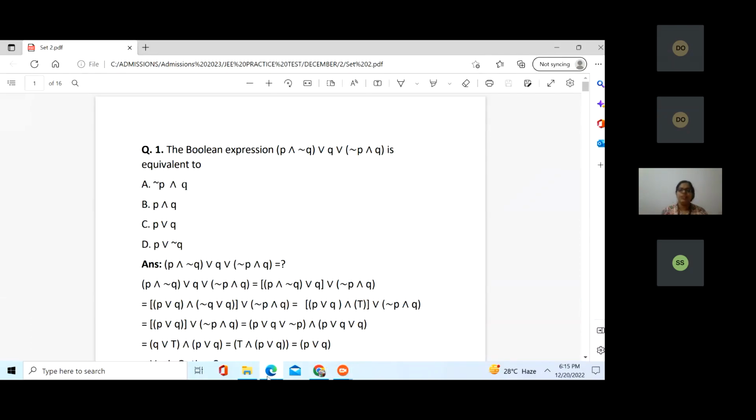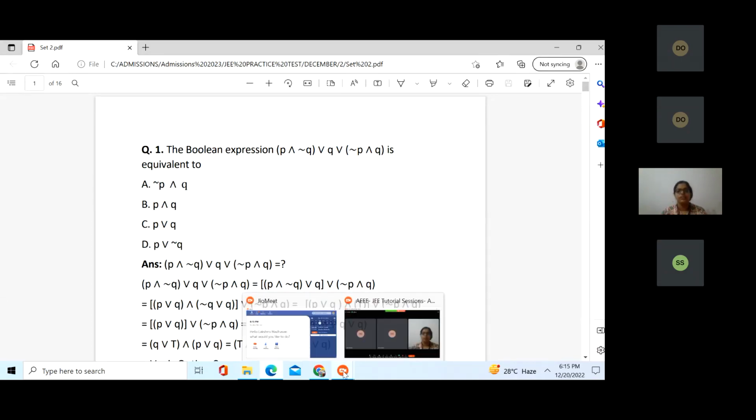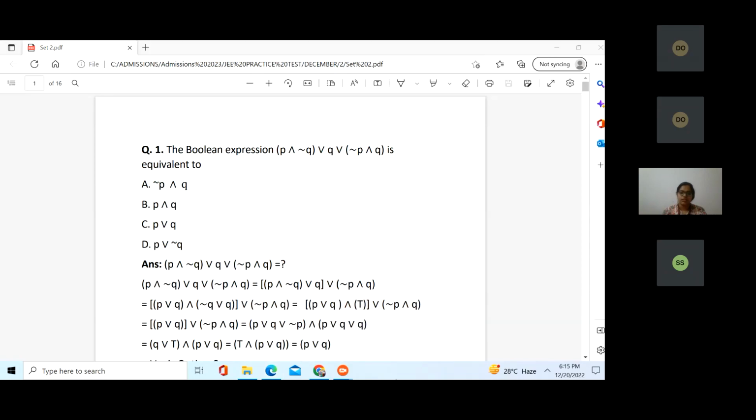The Boolean expression P and negation Q or negation P and Q is equivalent to. You can use different identities that you have studied, the distributive properties and all to solve this, or you can just use a truth table. Whichever is comfortable for you, you can try that method.